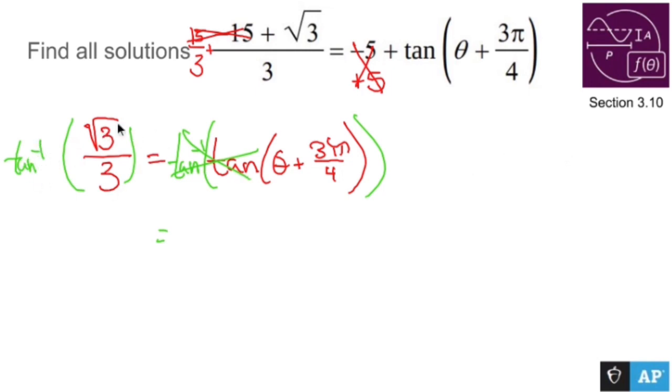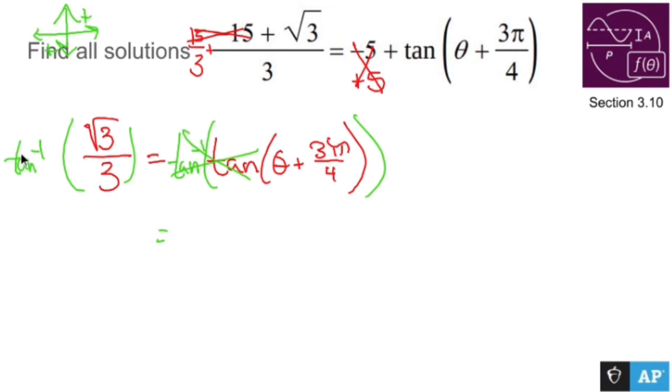So where is tangent going to give me a positive slope? Well, tangent gives me the slope of a ray. When x over y is positive, or y over x is positive, or y over x is negative and negative, which makes it positive. So quadrant 3 seems to do it.